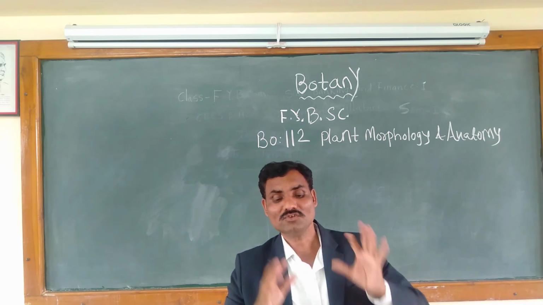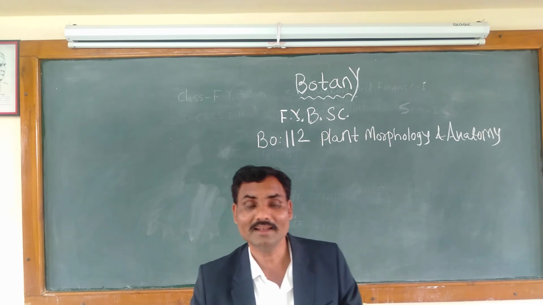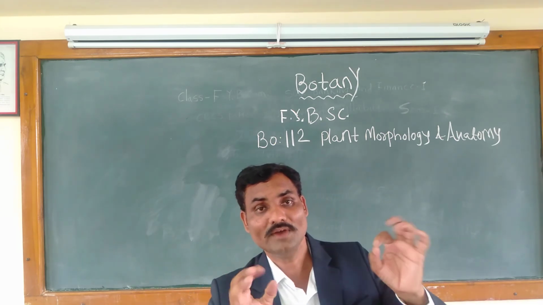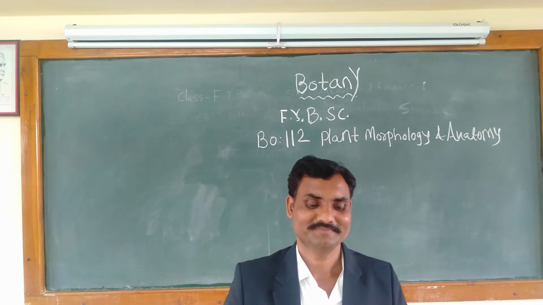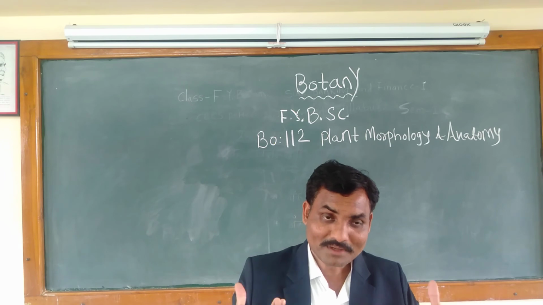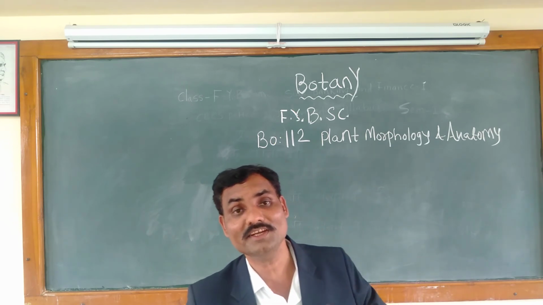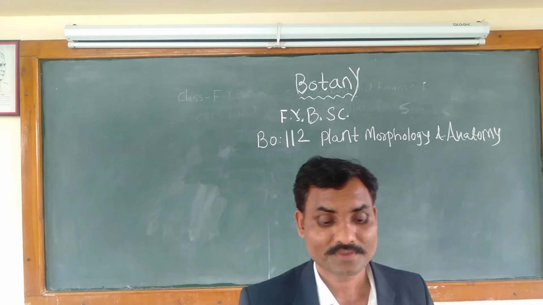In that, the different components of xylem and phloem, then types of vascular bundles and functions. Which type of vascular bundles are present in dicot? Which type are present in monocot? That is also included in our syllabus.